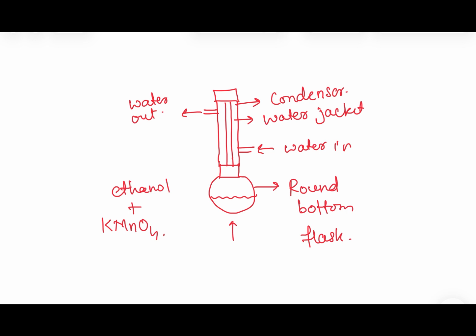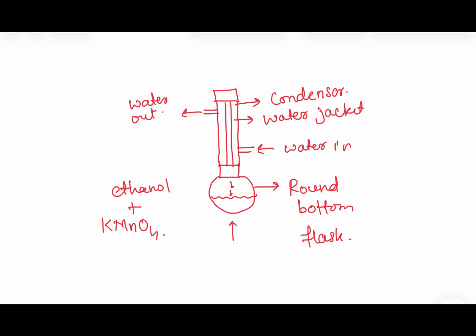After some time when the ethanol is being oxidized, the ethanol vapors will move above in the condenser, and here there is a continuous water flow that helps the vapors to cool down and condense and drop down back into the round bottom flask itself. The drops will fall back in the round bottom flask, and slowly the ethanol will be oxidized to ethanoic acid, and the purple color of KMnO4 will get converted to colorless. So that is the indication that carboxylic acid is being formed here.